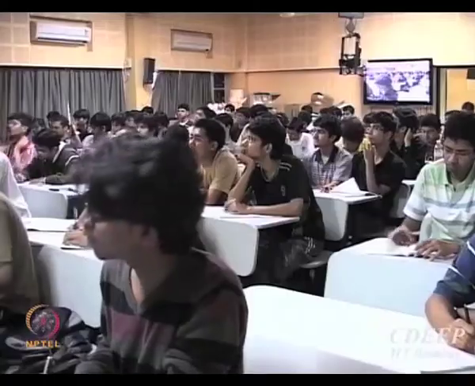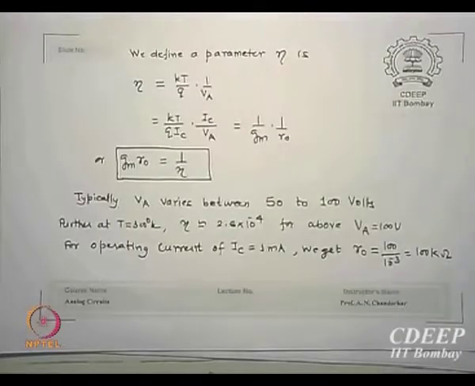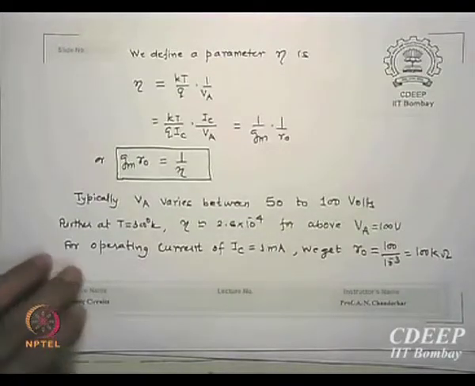If it is 100 volt early voltage and 1 milliamp current, 100 kilo ohm is all that you are getting. What will be your preference? At least mega ohm or more. So either you look for larger VA, that means a good, smaller eta value, 0.0004 or 10 to the minus 6 kind of. That's the idea behind the search.